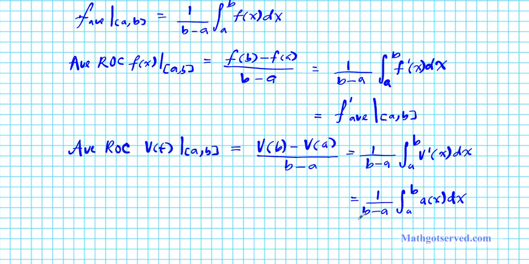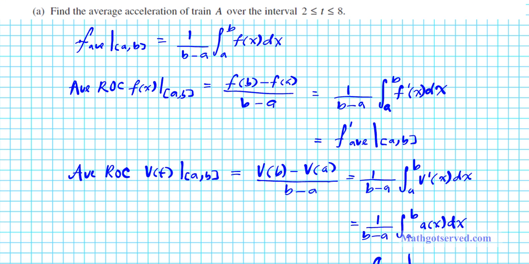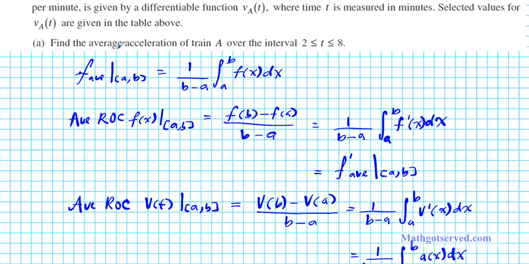What formula is this? This is the formula for the average value of the acceleration, a average from a to b. And this is exactly what the problem is asking you to find: the average acceleration of the train from 2 to 8. This is a and this is b right here.